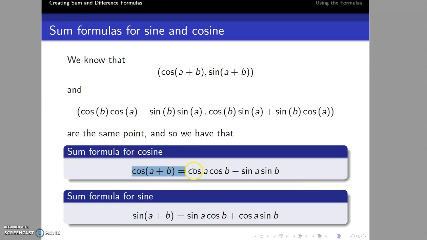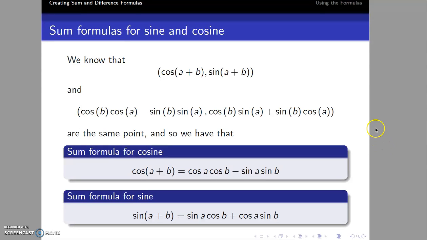Cosine of A plus B is cosine A cosine B minus sine A sine B. Sine of A plus B is sine A cosine B plus cosine A sine B. We didn't just pull these out of nowhere, they do come from somewhere. And that is where they come from.